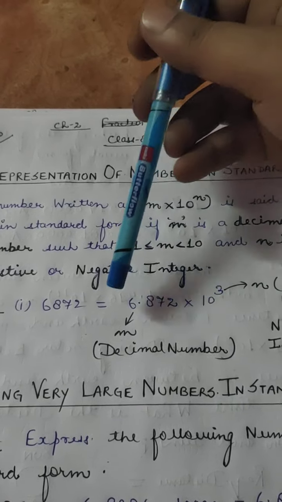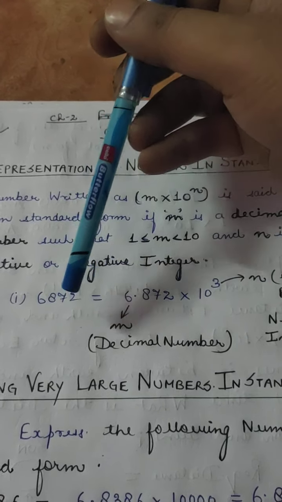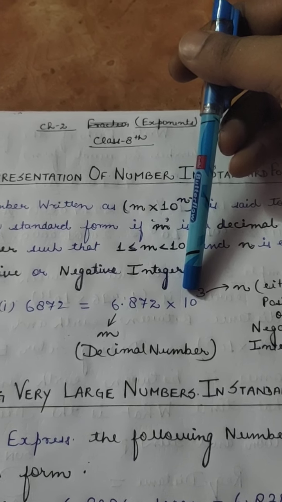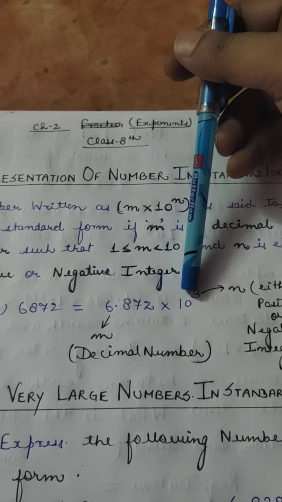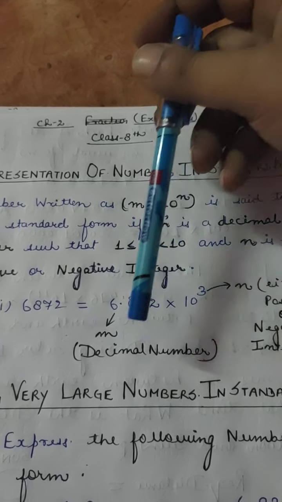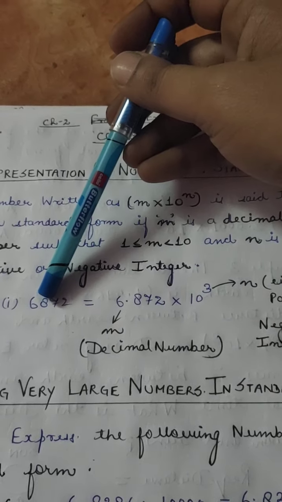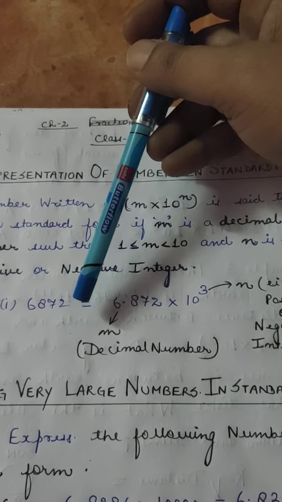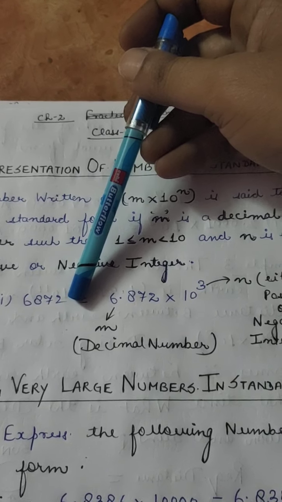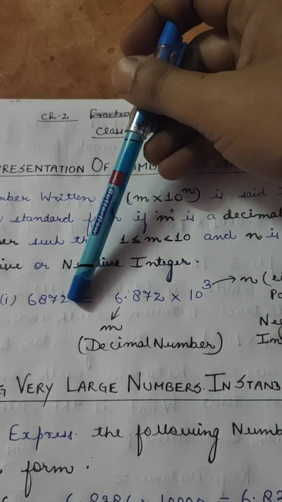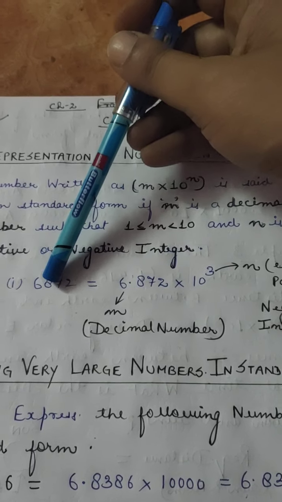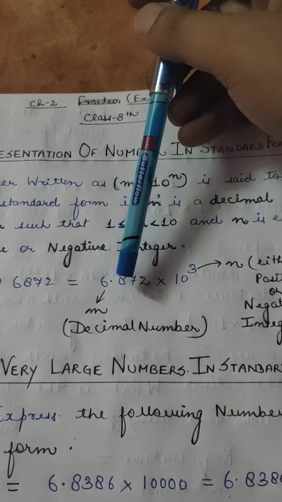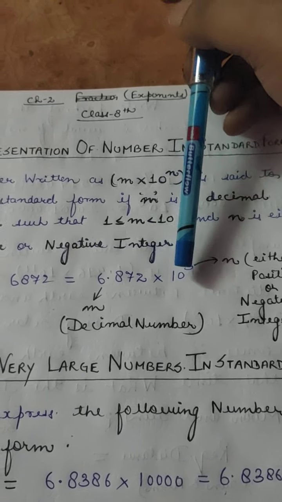While moving from right to left, we increase the powers of 10 by positive powers. So here I have put the decimal point after 6, because I moved 3 places to the left side. So I have got 6.872 times 10 to the power 3.